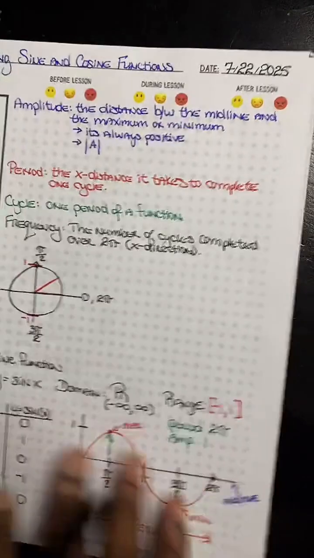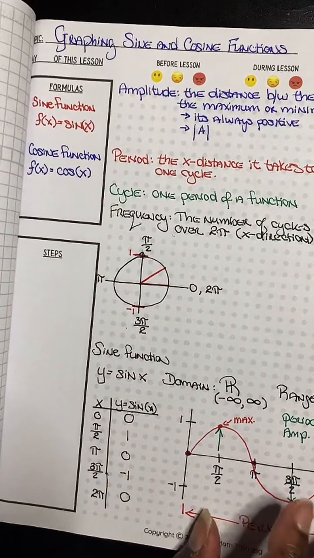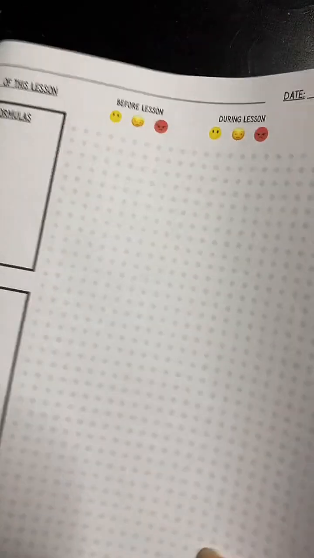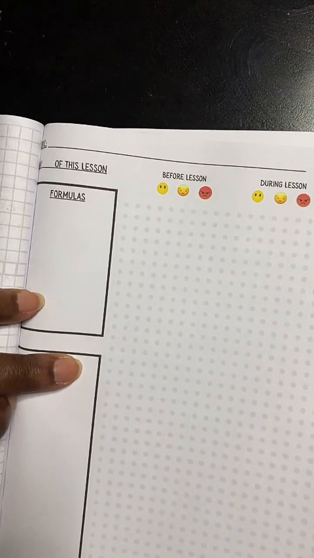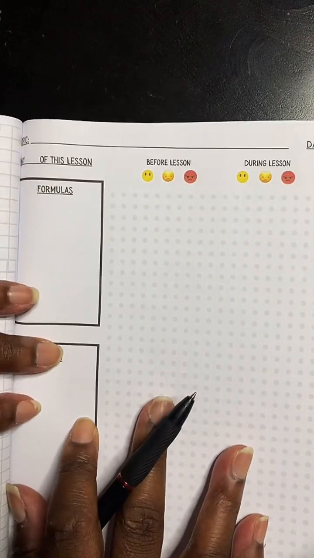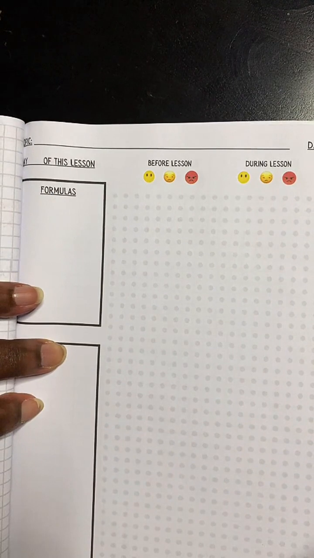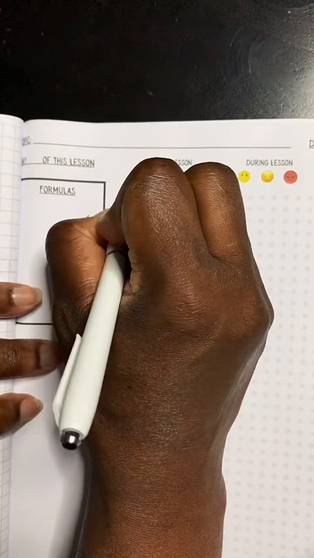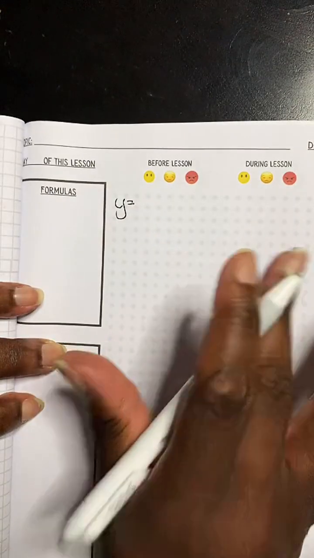Okay, so I'm going to show you step by step how to pull the information from an equation, like a standard form sine and cosine equation. So let's start off. What does the equation look like? For sine, sometimes it looks like this, and this is in general form.